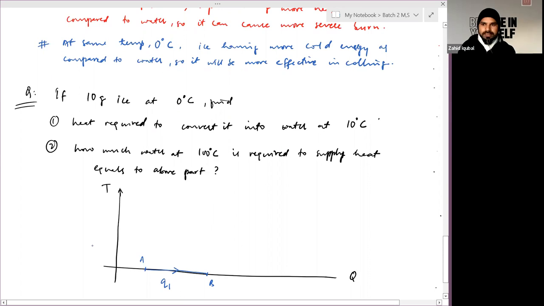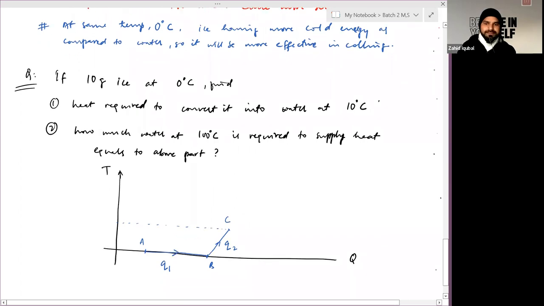So this will be termed as latent heat of fusion. On further, it will start to change its temperature to reach this point, 10 degrees Celsius. So this heat will be Q2. Let's say point C. So first try to find the value of Q1 and Q2.